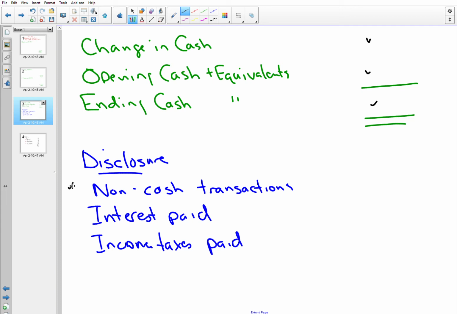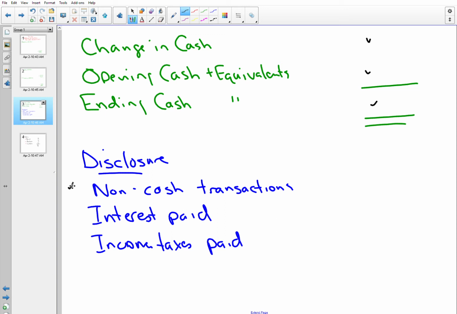That's a non-cash transaction. So really what you're doing here is you're just describing the transaction. Acquired asset through capital lease, $250,000. Issued stock dividend, $25,000. Whatever the case may be where you have non-cash transactions.